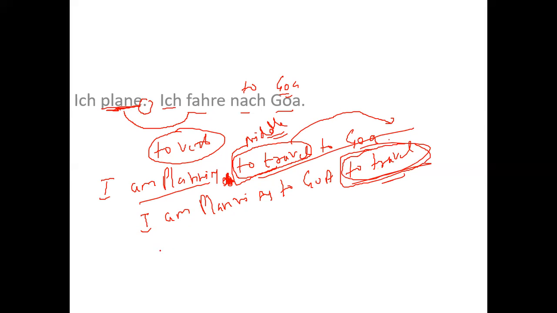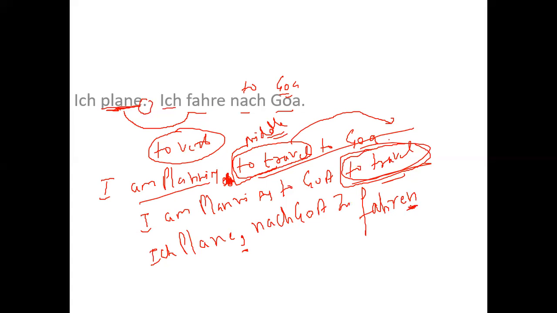So in German I should write ich plane, and then I should write a comma, because in German I should write a comma, and then nach Goa. Now zu fahren, right? Here it is written fahre, but here I have written fahren, right?